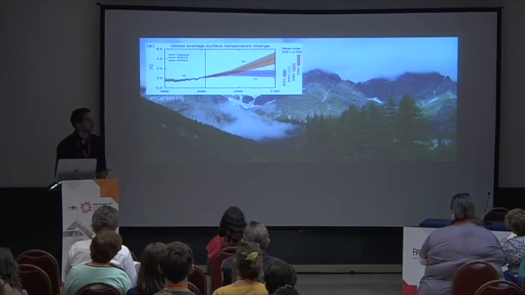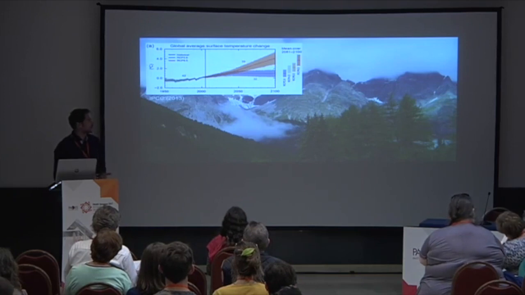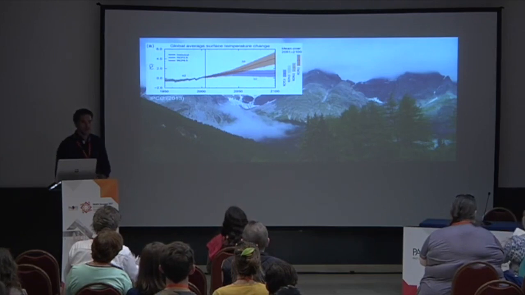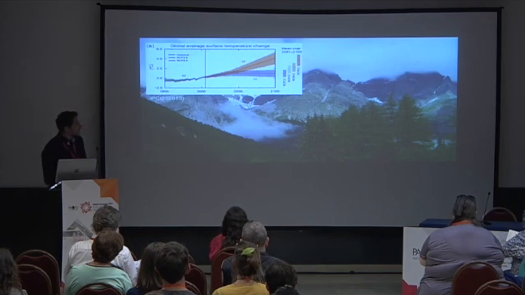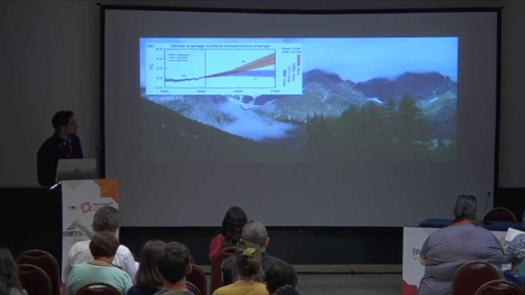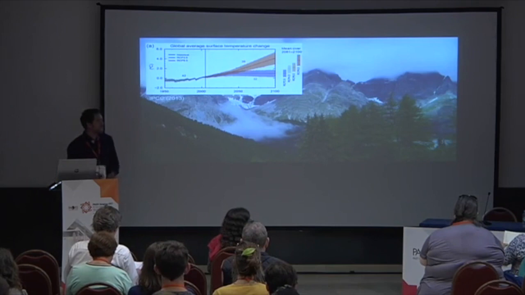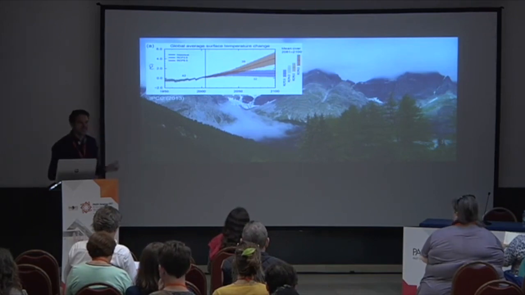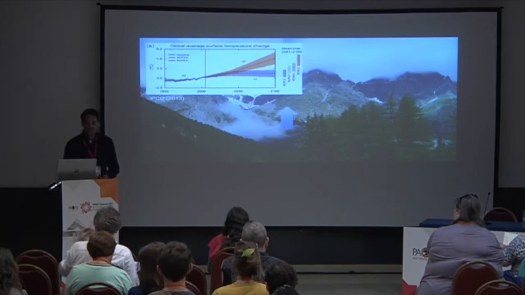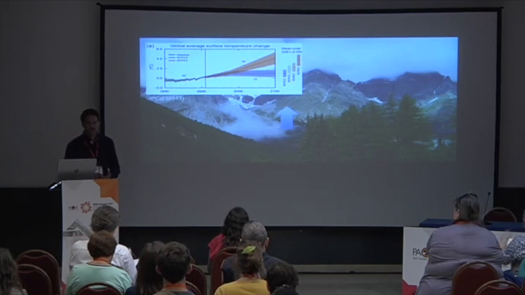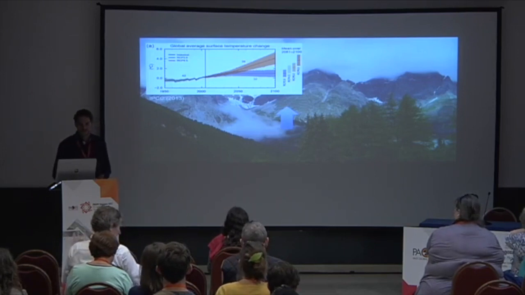So species are forced to either move, of course, to stay in their climatic niche, or to adapt to those temperatures, or maybe in some extreme cases also go extinct. And in the Swiss Alps, as you can see them here in the background, species have it maybe comparatively easy. If they want to stay in their climatic niche, they can just move their distribution upwards to higher elevations where it's colder as well.